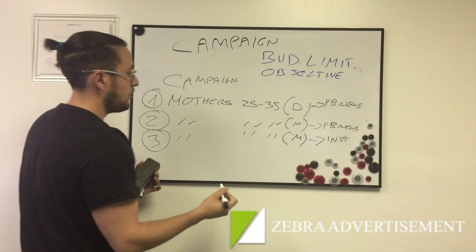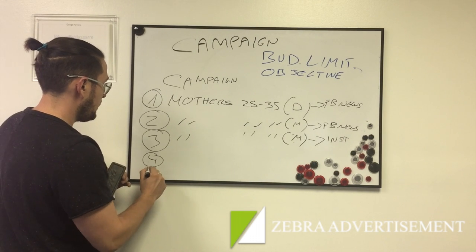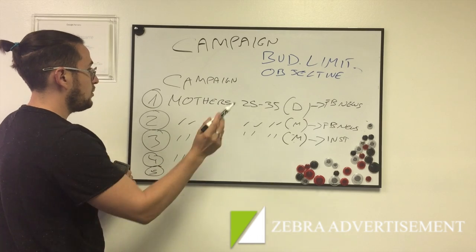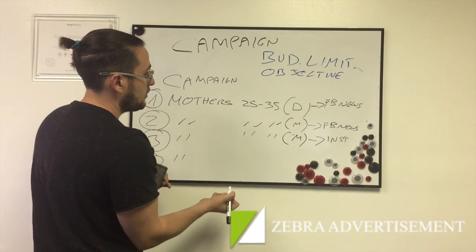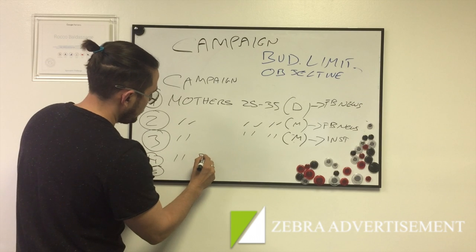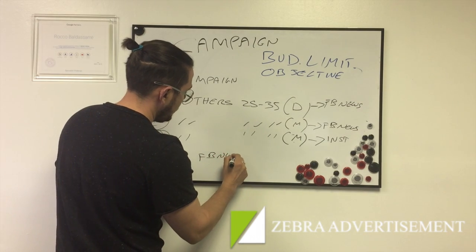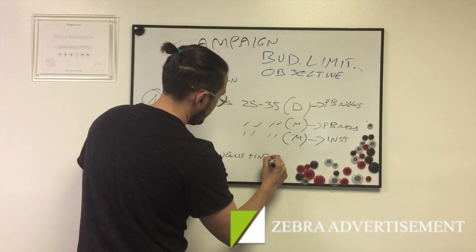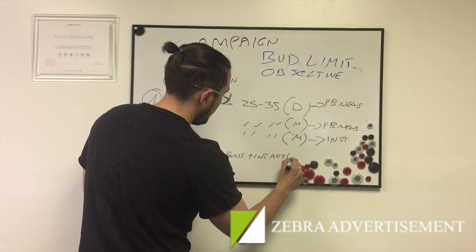And once you have more budget, you can actually have ad set number 4 and ad set number 5, where you're going to target Facebook newsfeed plus instant articles on desktop.